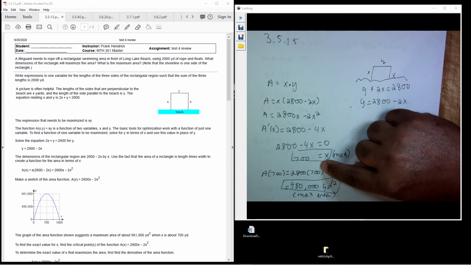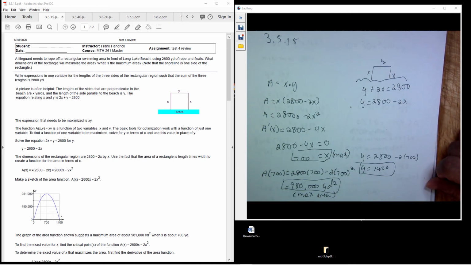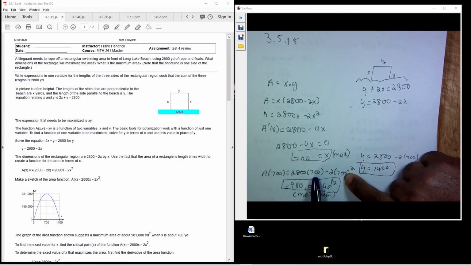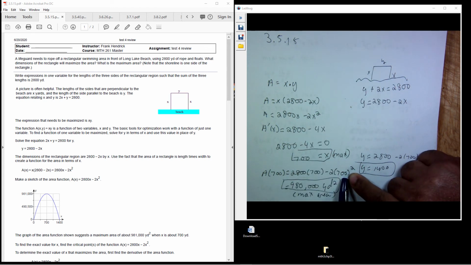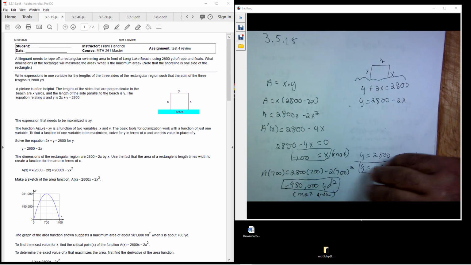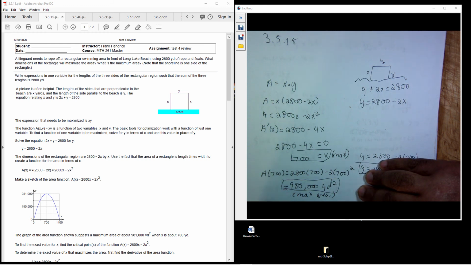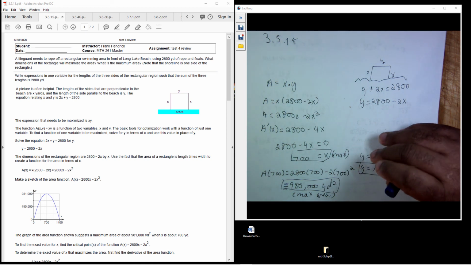So when I put these together, remember the area in the beginning is x times y, so that's 700 times 1400. That gives me a maximum area of $980,000 square yards.